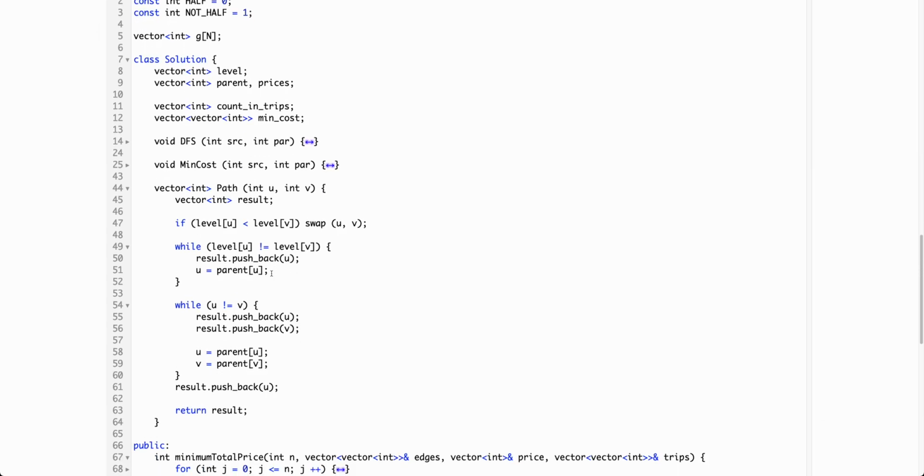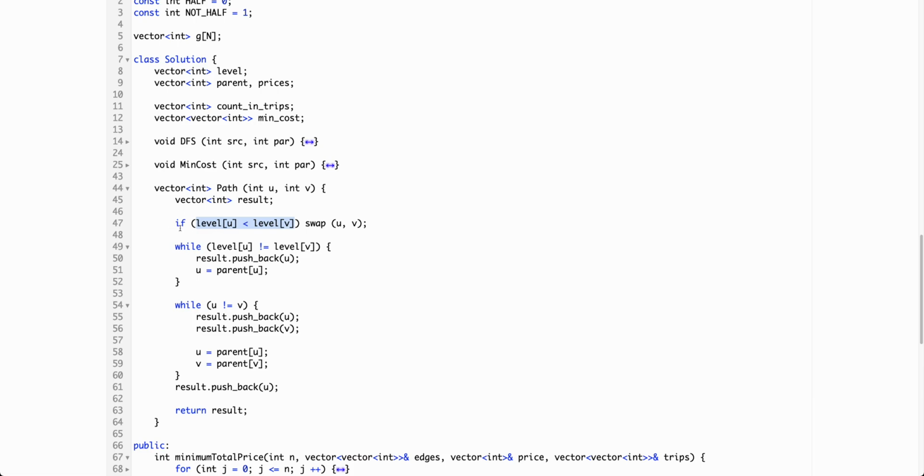It is again very similar to what we have seen in the pseudocode. We will first make sure the level is equal. Now we have to make sure first that u is always the one with the highest level. So if the level of u is actually smaller than the level of v, we'll just swap them so that this inequality, that u's level is always greater, is satisfied.